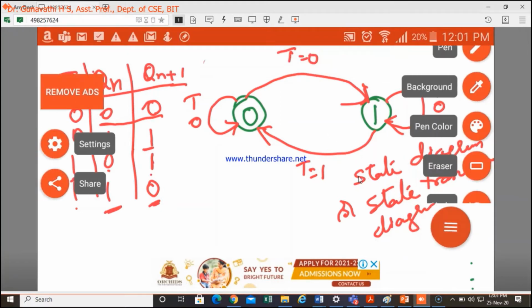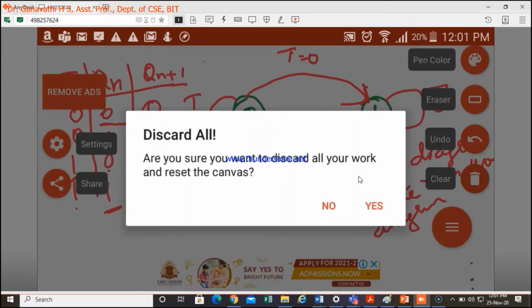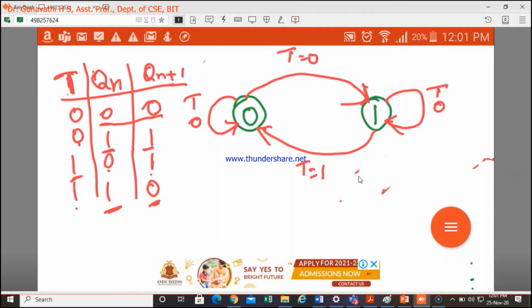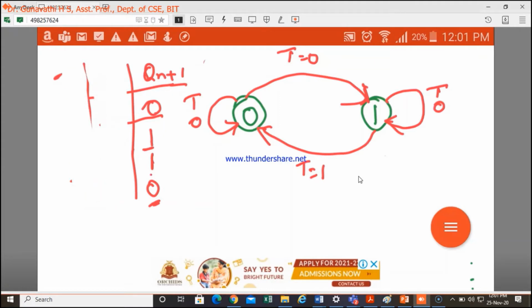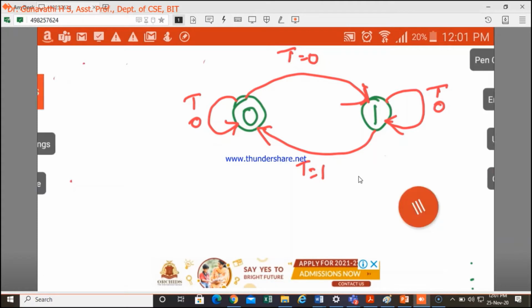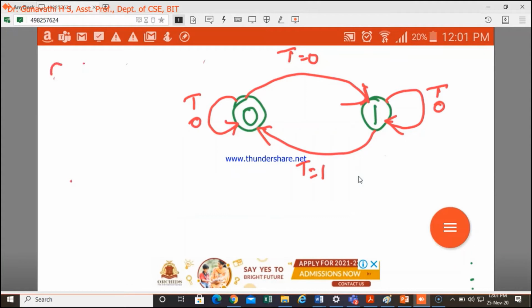In order to write the excitation table easily, we'll make use of this state table or the state diagram. It would be easy to write the excitation table that way. I'll just erase this and write it here only. The outputs are Qn plus 1.